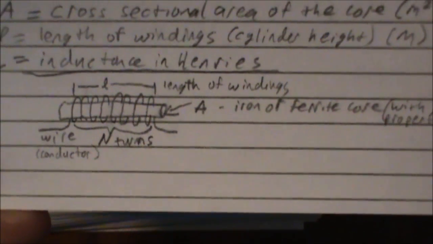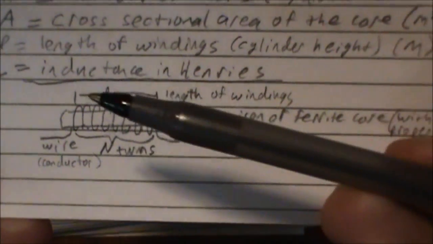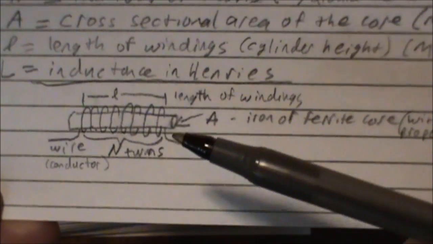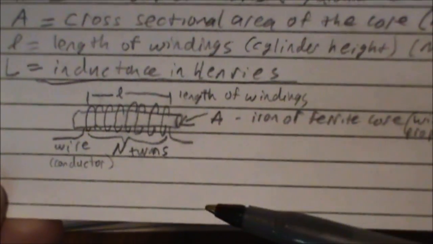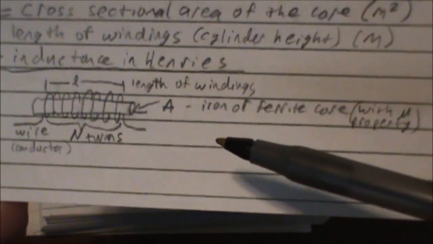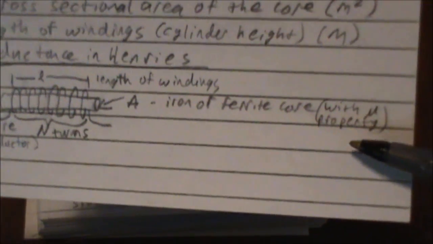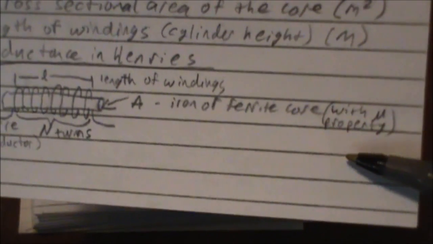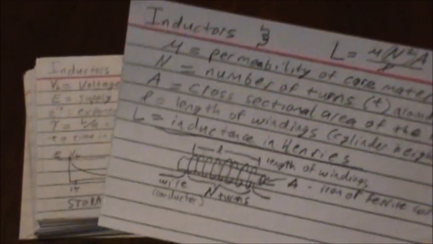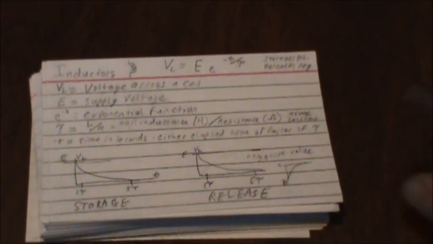Otherwise it would just be a dead short. So there is insulation around the entire length of the wire. N is your number of turns. A is the cross-sectional area of your iron or ferrite core or air core, with mu the property of permeability. So that is an inductor.